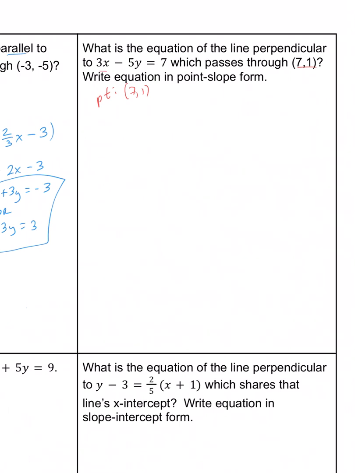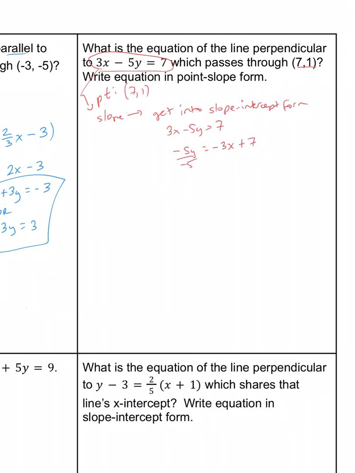Now, this equation is in standard form. And if I wanted to get the slope out of a standard form equation, we're going to get this into slope-intercept form. So to do that, I want to get the y by itself. So I'm going to start with 3x minus 5y equals 7. I'm going to subtract 3x from both sides.